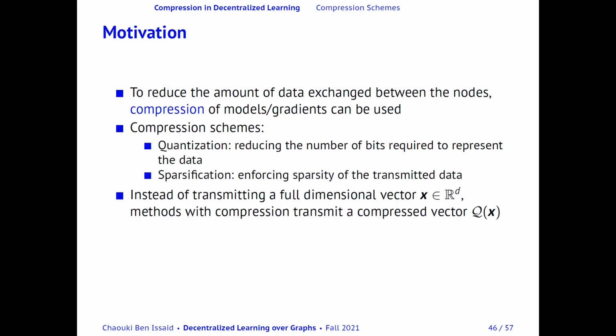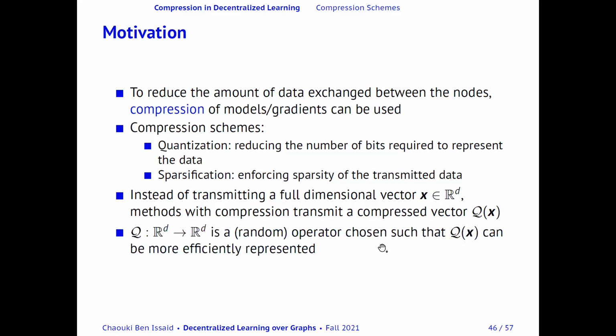Either way, the goal of compression is to send a compressed version, which we denote by Q of x, instead of the whole vector x, where Q here is an operator chosen to efficiently represent x.